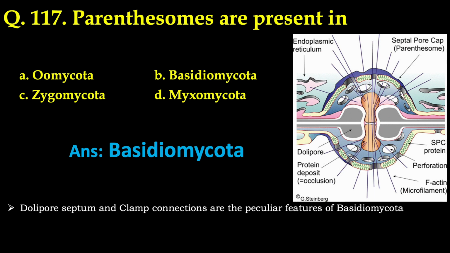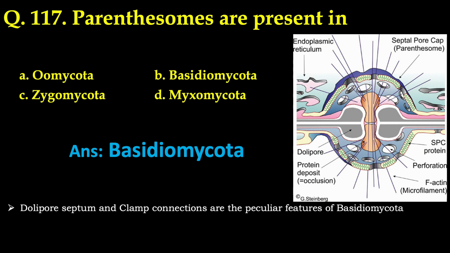Parenthesomes are structures shaped rather like a parenthesis, found on either side of the pore in the septum of a Basidiomycetes fungus. More logically, parenthesomes means septal pore caps.